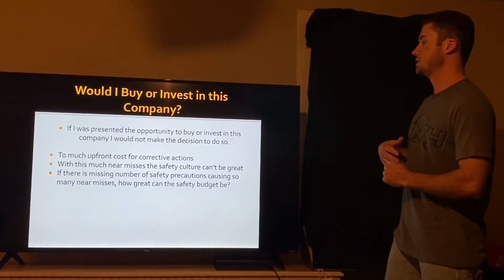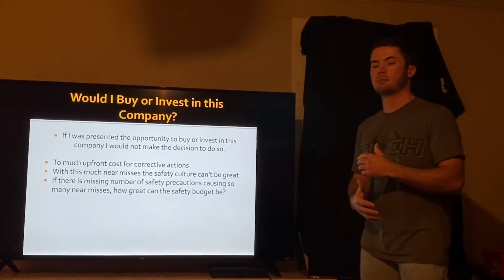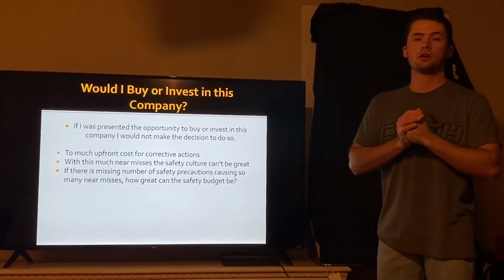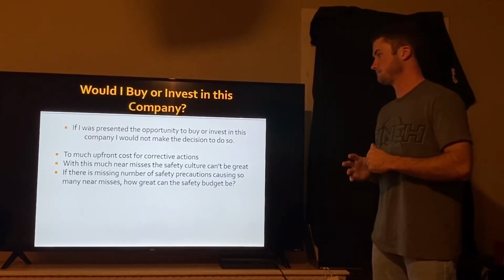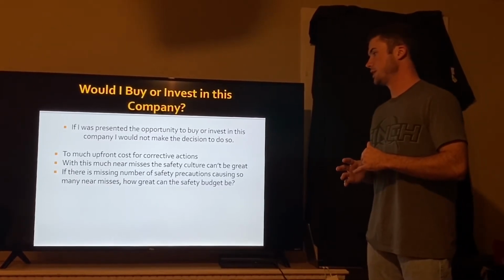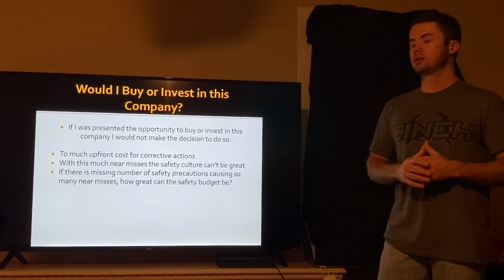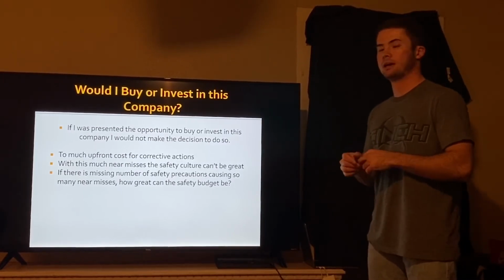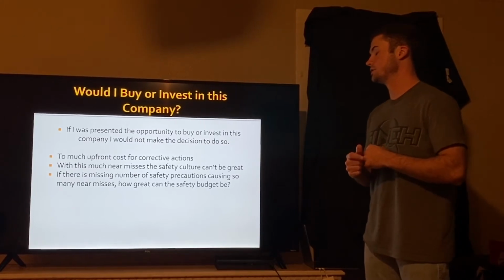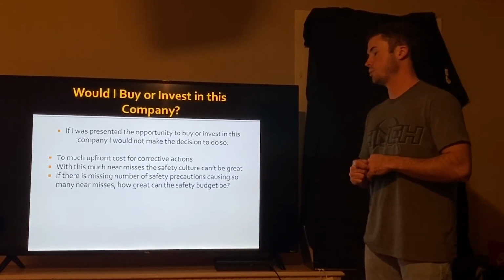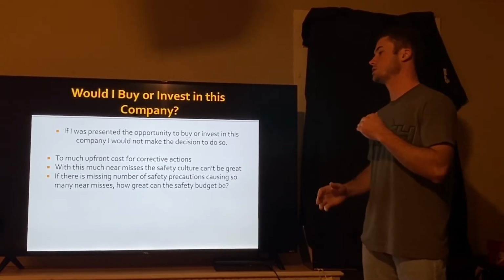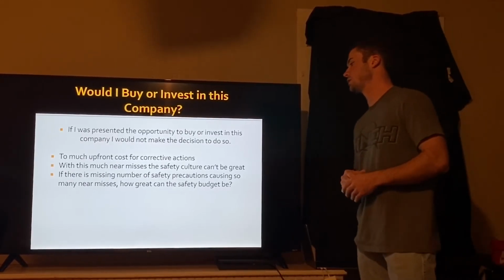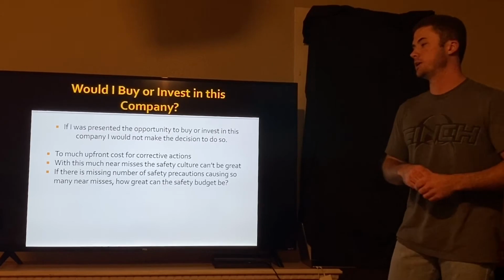Also, with this many near misses, the safety culture can't be great. Safety culture is everything. If you don't have a good safety culture, then it's so hard to come back from that and gain a good safety culture when there wasn't one. And also, if there are missing safety precautions causing so many near misses, how great can the safety budget be?